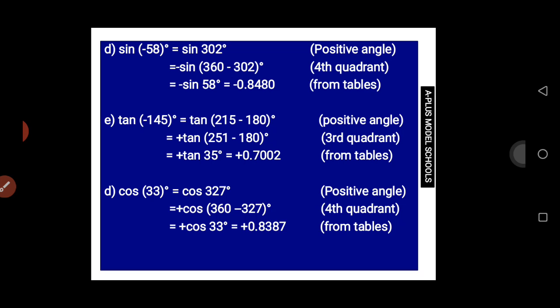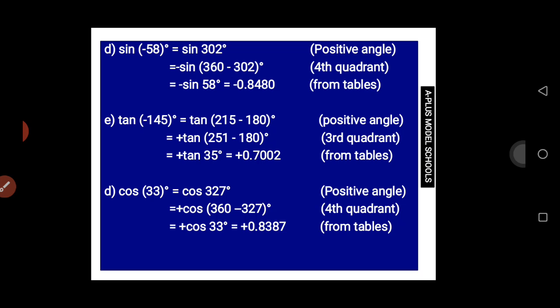And if I now have cos 327 degrees, so it means cos is positive in the fourth quadrant. So that will now give us the formula in the fourth quadrant is 360 degrees minus theta, which is 360 degrees minus 327 degrees, which will give us cos 33 degrees, which will give us 0.8387.